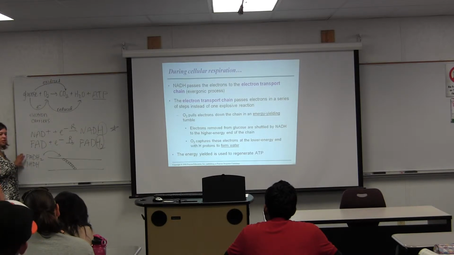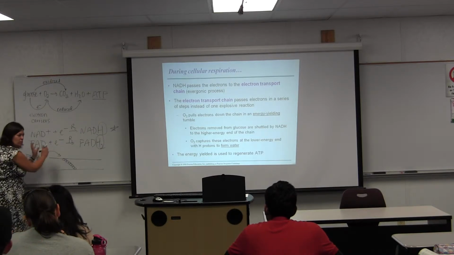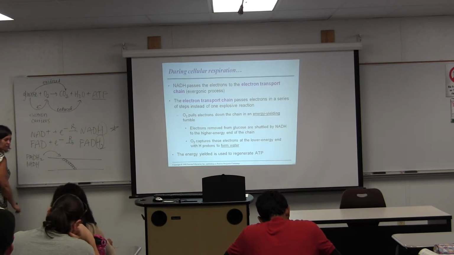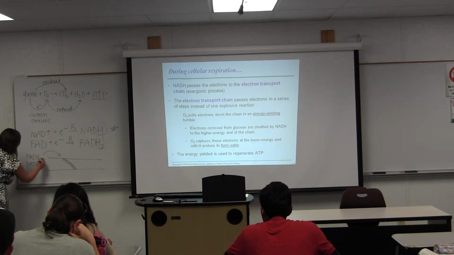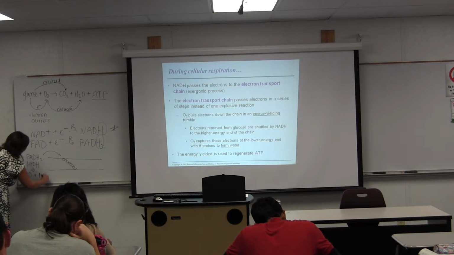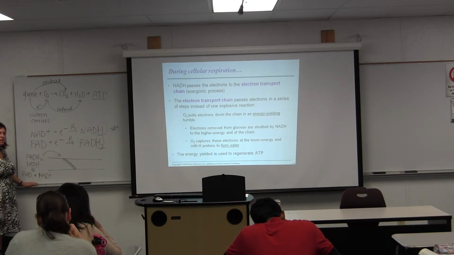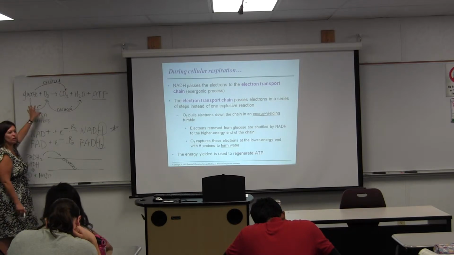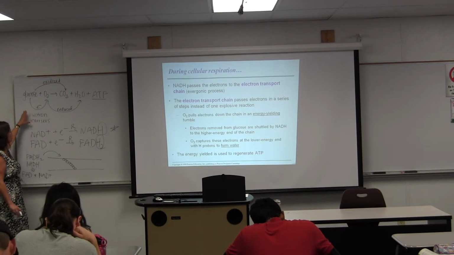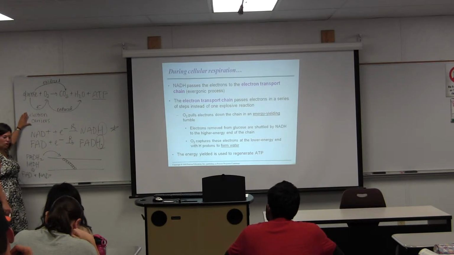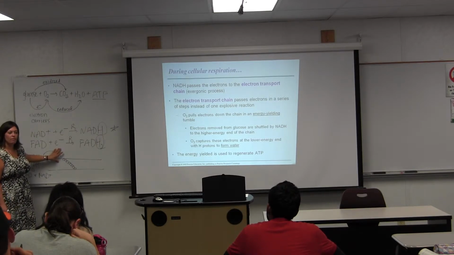So once these electron carriers give their electrons to the electron transport chain, they go back to their oxidized form, converted back into FAD and NAD positive. Remember, the oxidized form tells you there are no more electrons there, versus the reduced form. You take the electrons away from glucose, give them to the electron carriers, and then those electron carriers go to the electron transport chain.